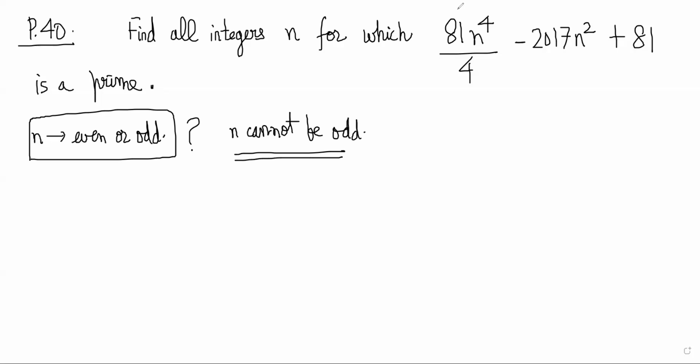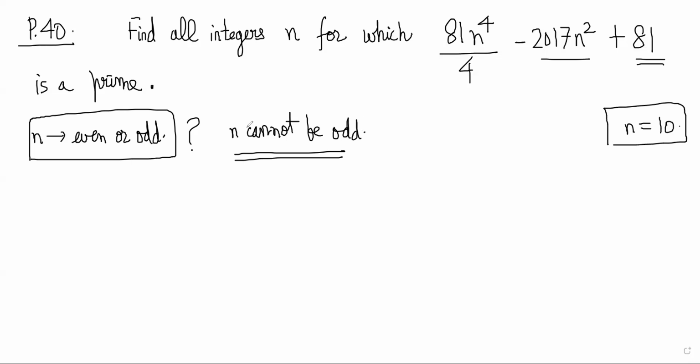Because then the first term will be a fraction. For the first term to be an integer, n must be even, no? Yes, sir. Other terms are anyway going to be integers, but this term will be a rational number if n is odd, right? Sir, n is 10. Yeah, n is 10 is correct.